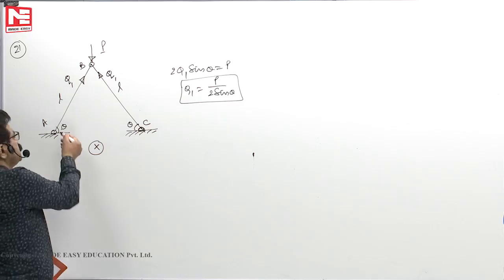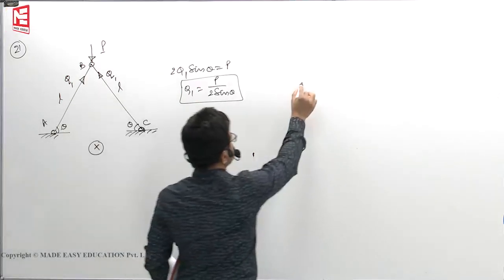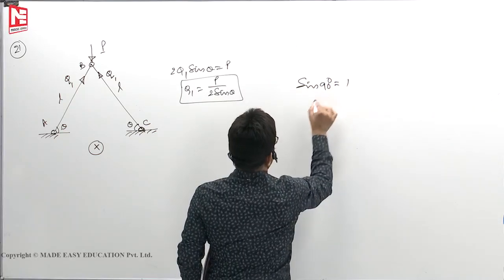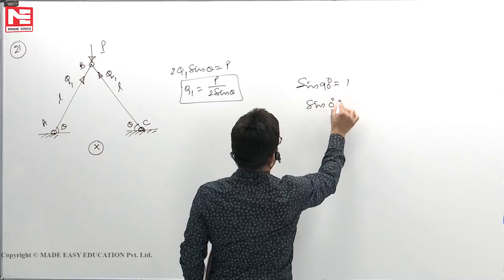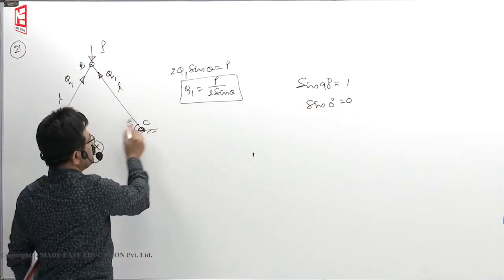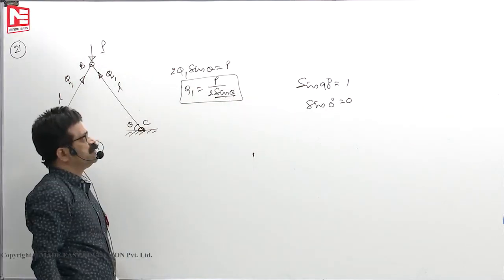As theta increases, we know that sin 90 is 1 and sin 0 is 0. As the angle of inclination increases, the sin value also increases.